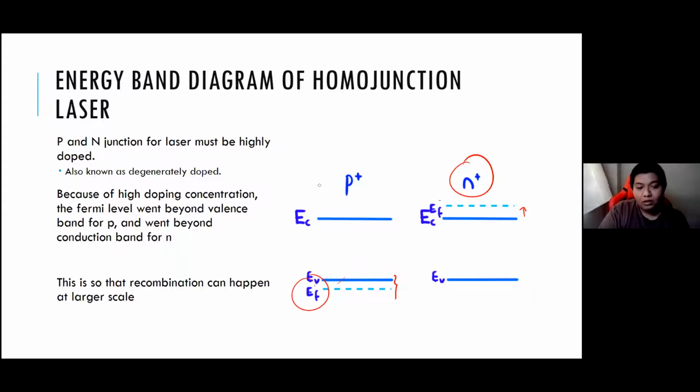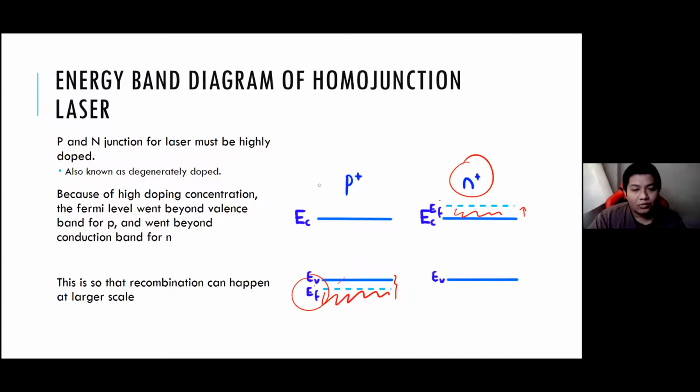Sorry, give me a second. So we want that so that there are more electrons here and more holes here, so that the recombination can easily happen on a very, very large scale.